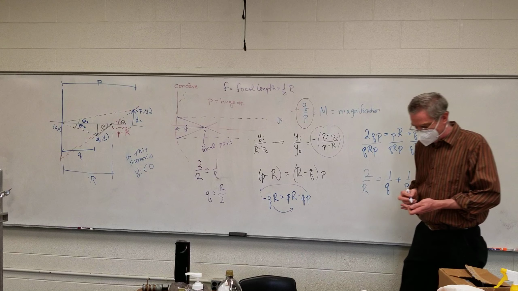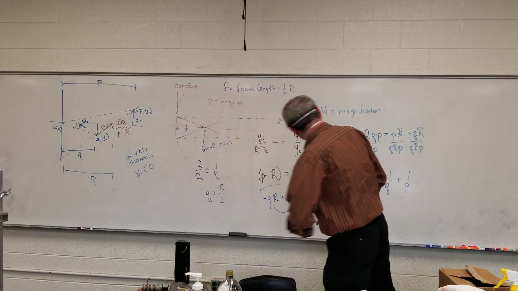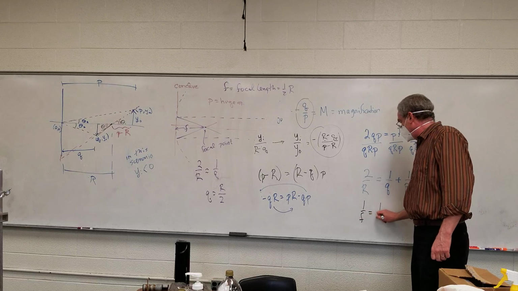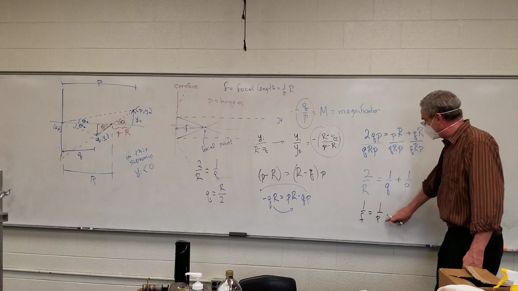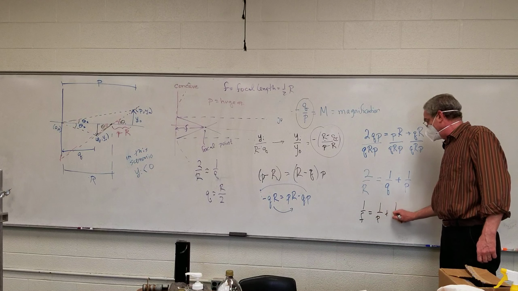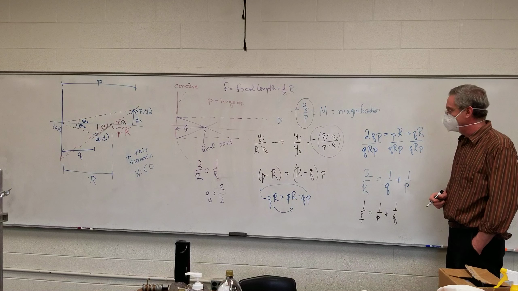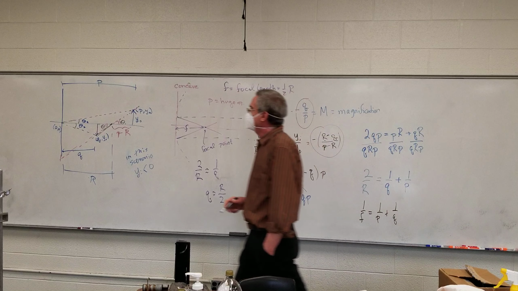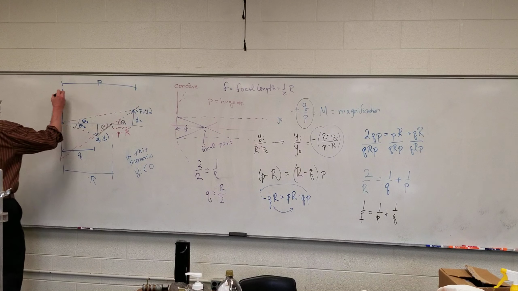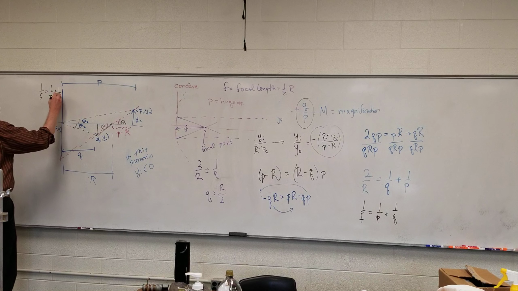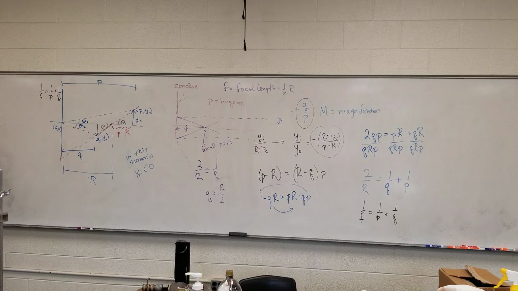So my formula in its final form: 1 over the focal length is equal to 1 over the distance from the object to the mirror plus 1 over the distance from the mirror to the image. So 1 over F equals 1 over P plus 1 over Q, or I guess typically written 1 over P plus 1 over Q equals 1 over F.